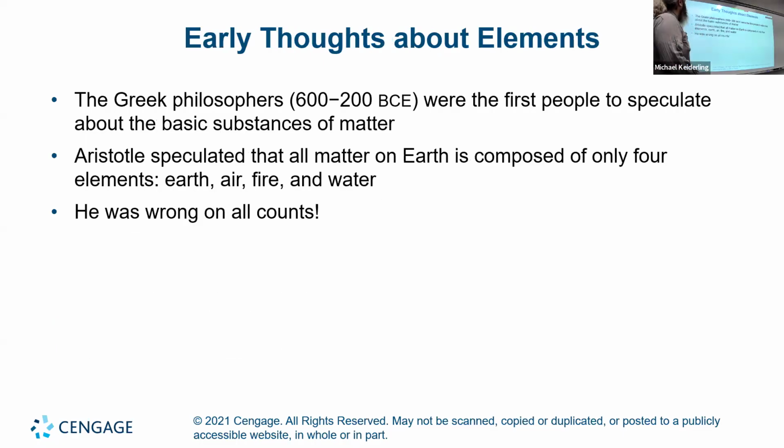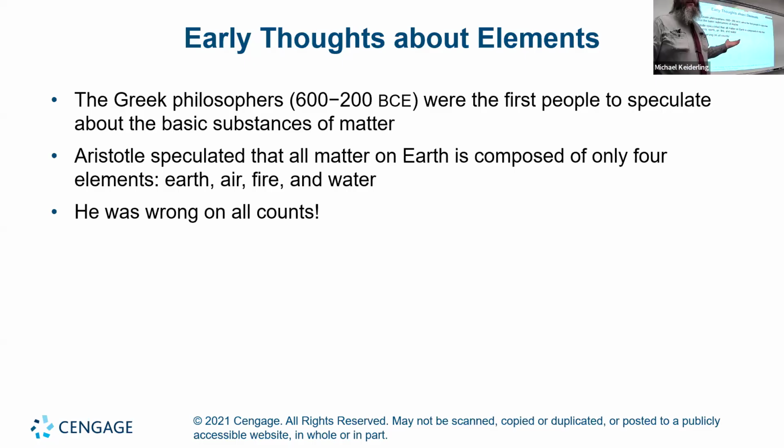So the earliest thoughts about the elements probably started with the Greek philosophers from around 600 to 200 BCE. They were the first people to speculate about the basic substances of matter. There were other speculations, but the Greeks were the first to talk about it as elements, some basic building blocks that things were made of.